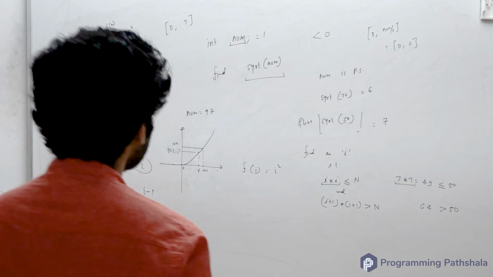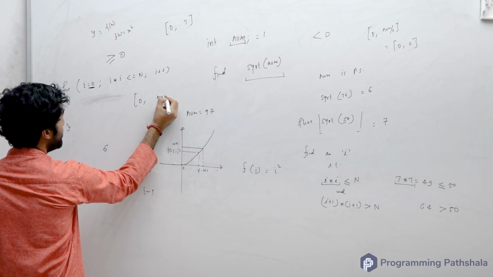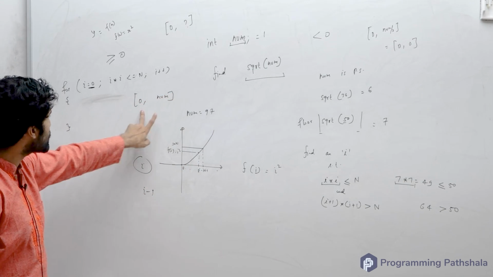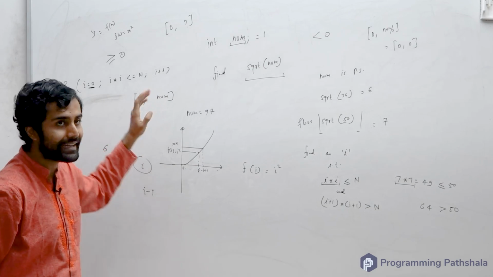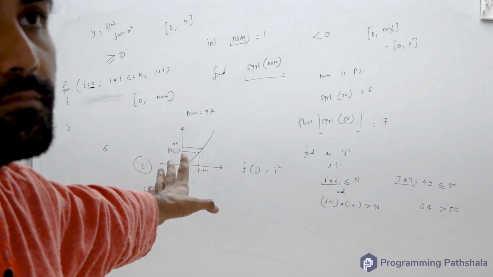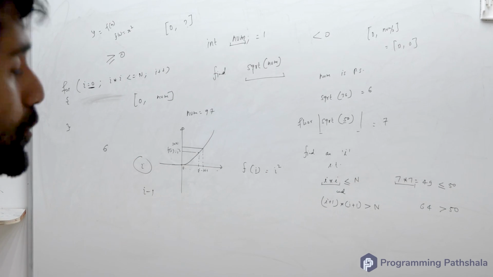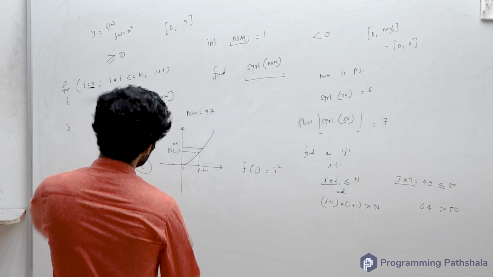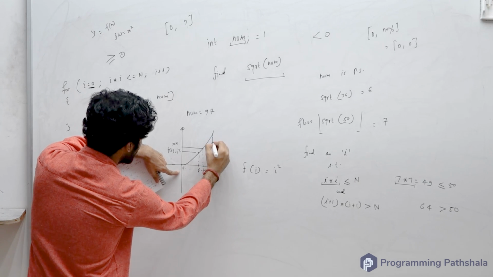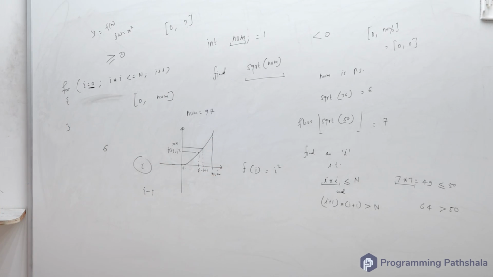The safest range is from 0 to num. Whatever will be the square root of a number num will lie in between 0 to num. If you know that, then your job is very easy, because now between 0 to num you are trying to perform a binary search.